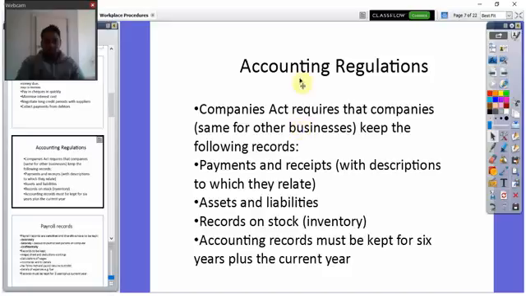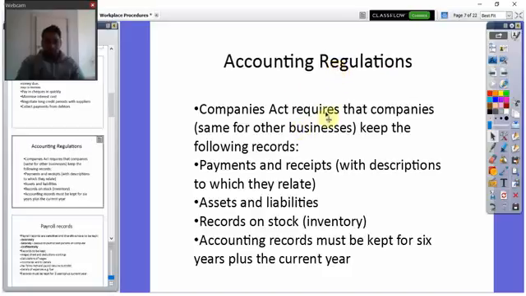Accounting regulations. The Companies Act requires that companies, and the same for other businesses, keep the following records: payments and receipts with descriptions to which they relate, assets and liabilities, recording stock. Accounting records must be kept for a period of 6 years plus the current year.